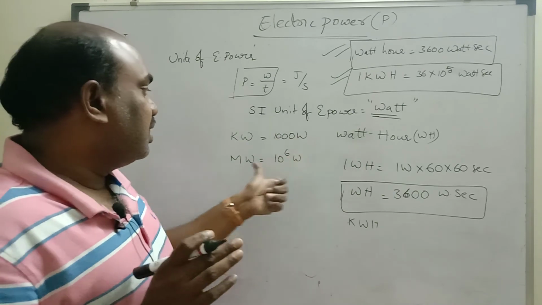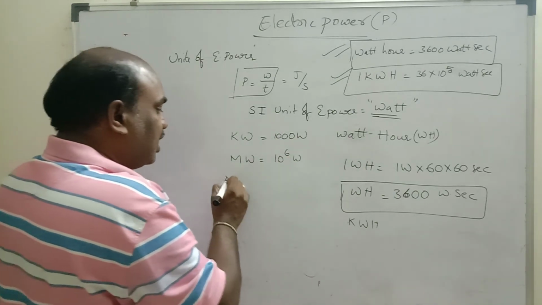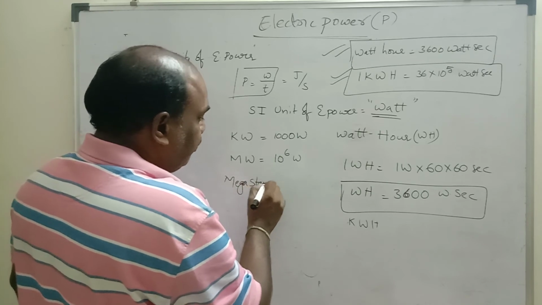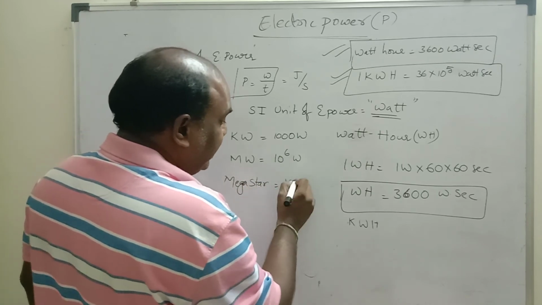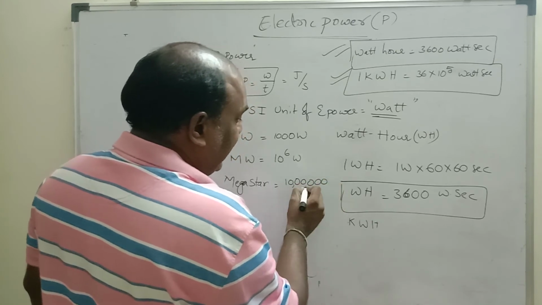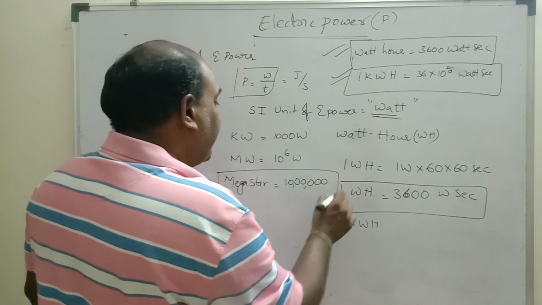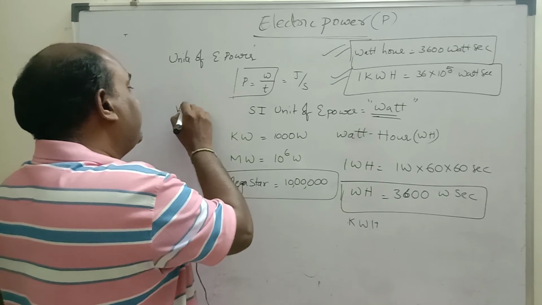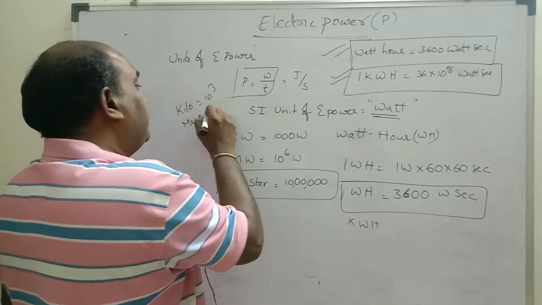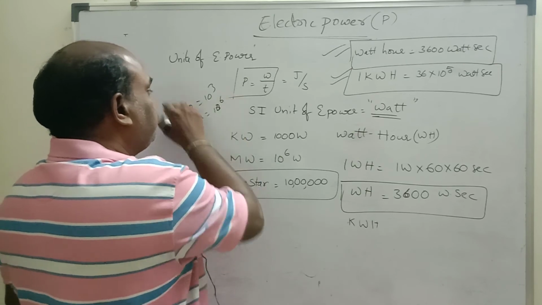Kilowatt means 1000 watt. Mega star means 10 lakh stars. 1 beside 6 zeros. 5 zeros means 1 lakh, 6 zeros means 10 lakhs. So remember, kilo means 10 power 3, mega means 10 power 6.